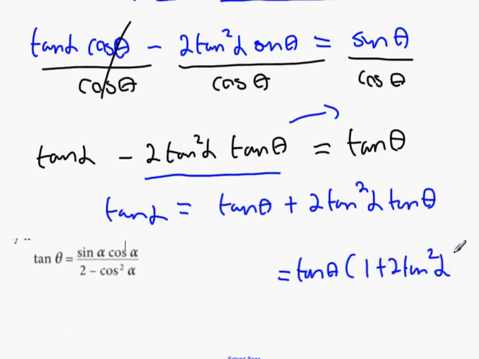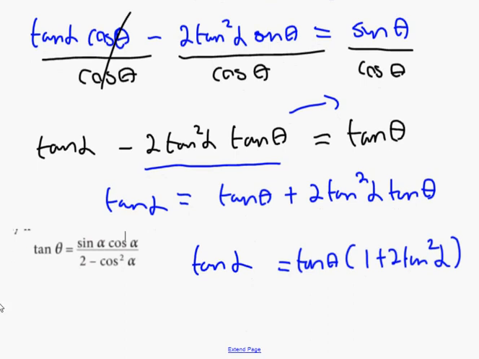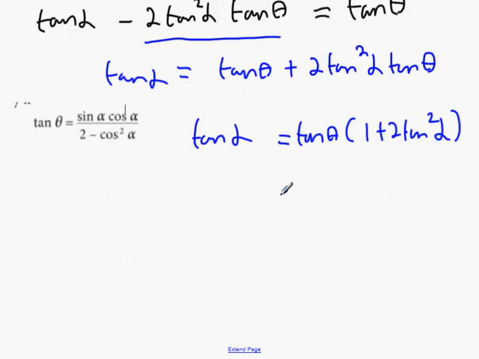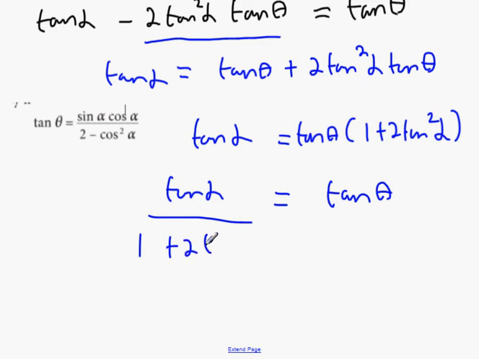Now, it's going to be interesting. So, what I'm going to have next is tan theta equals tan alpha over 1 plus 2 tan squared alpha.